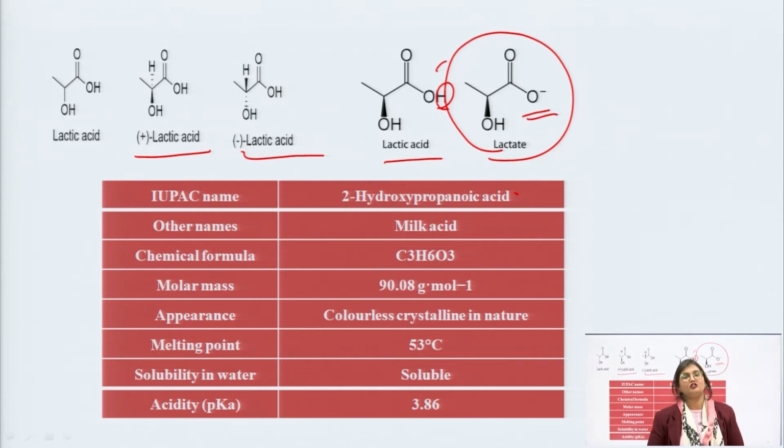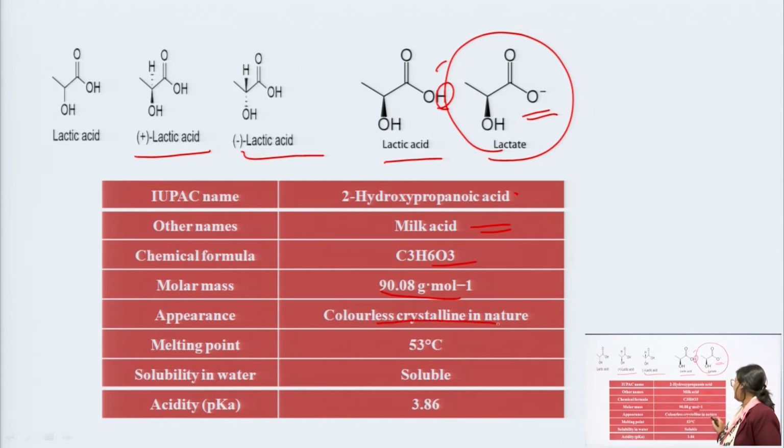Lactic acid is also known as milk acid. It has a chemical formula of C3H6O3. It has a molar mass of 90.08 grams per mole. It has an appearance of a colorless crystalline form in nature.